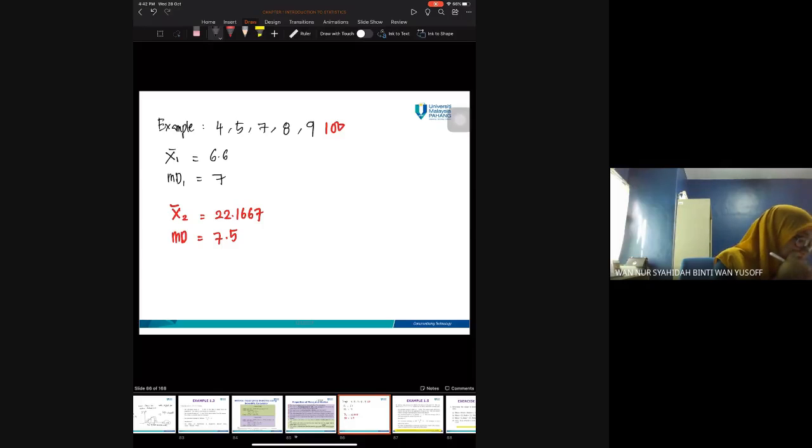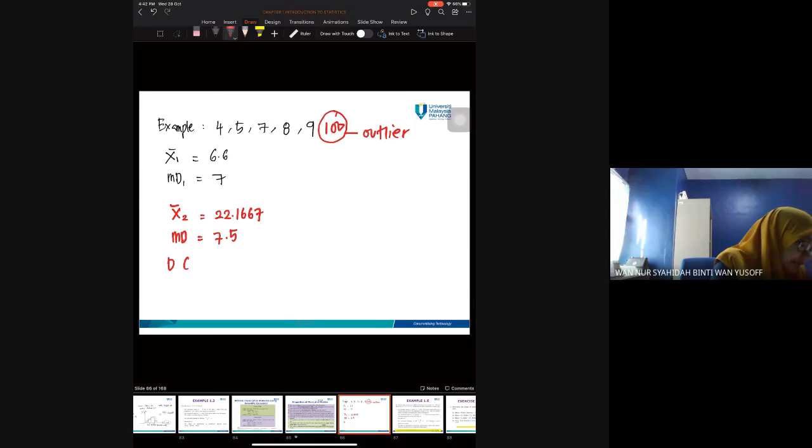So now we suspect that when I add this 100, it is an outlier. When we go to 1.4, there will be some calculation that we do to determine whether it is really an outlier or not. So now it is just suspected to be an outlier. So let's calculate the difference.